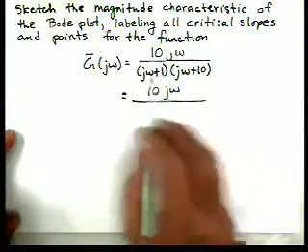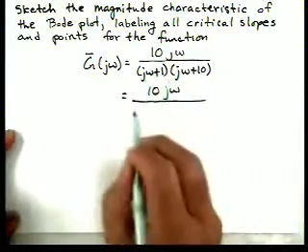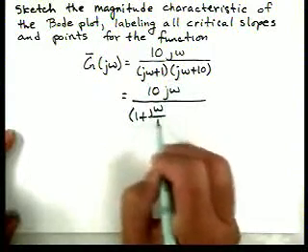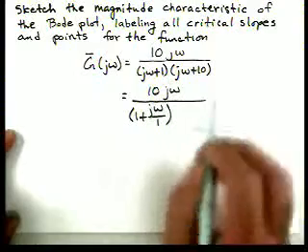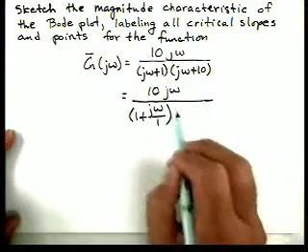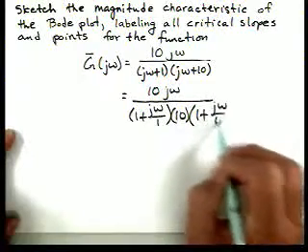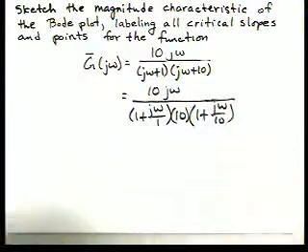For this function, we write it as 1 plus j omega over 1. And then for this function, we have 10, and we have 1 plus j omega over 10.